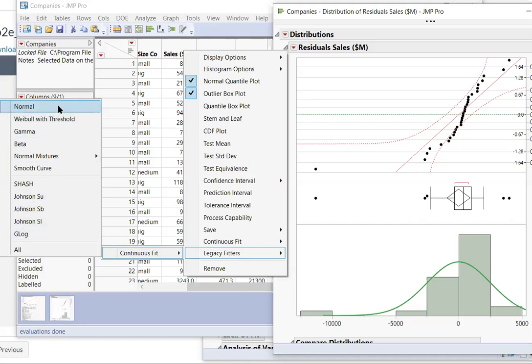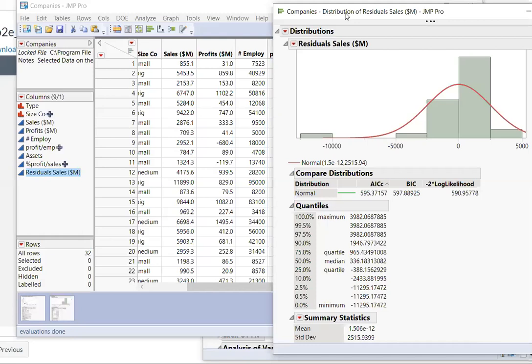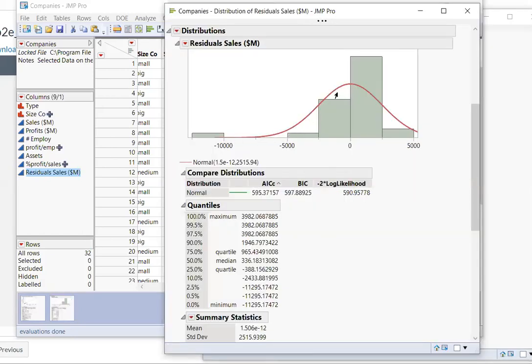Click on normal. So that is a normal distribution. That's for the Shapiro-Wilk test, okay? It's in red color. The green color was not Shapiro-Wilk.